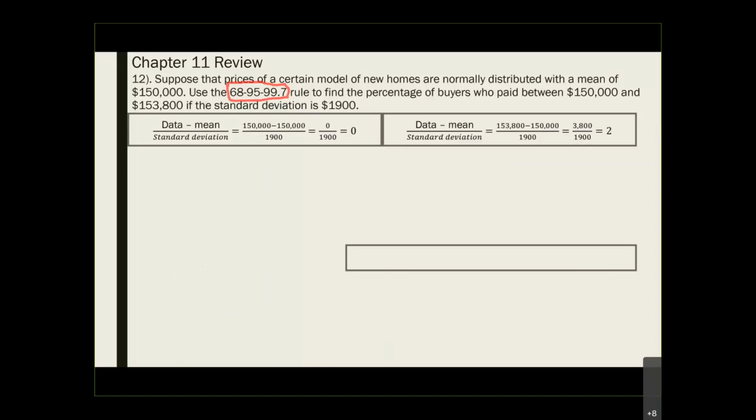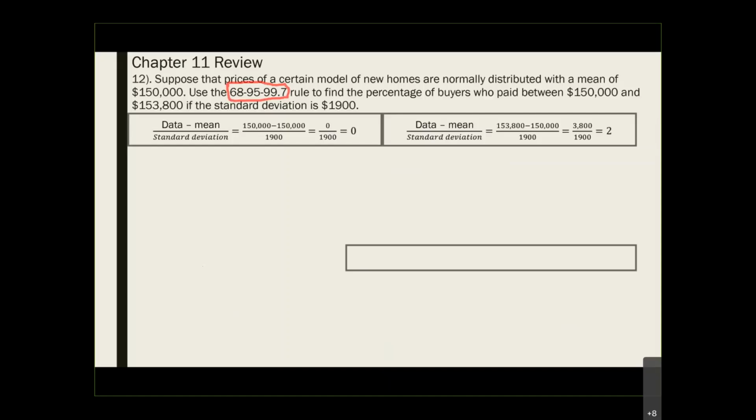If you have a chart, you can find that a z-score of 0 is 50%, and a z-score of 2 is probably 97 point something percent, and then you subtract the two to find the area between. But they don't ask you that. They ask you to use this rule. So reminder, ladies and gentlemen, what is this rule?